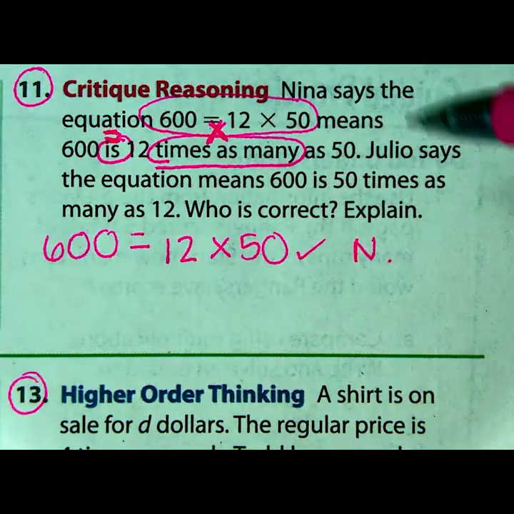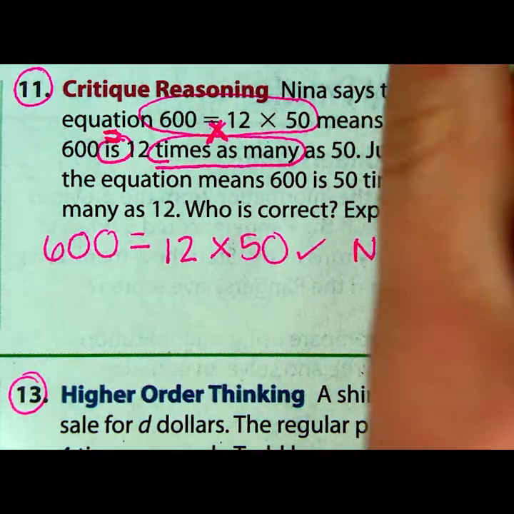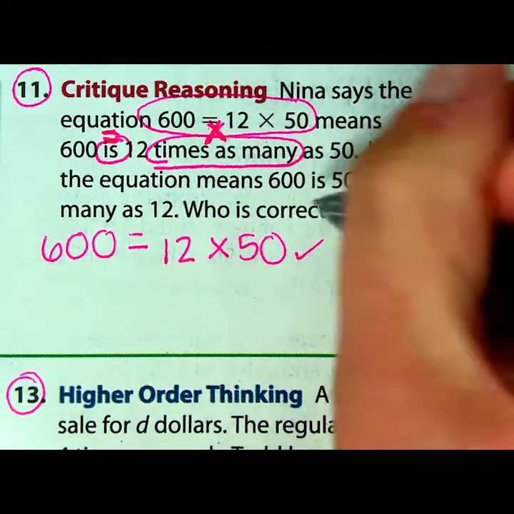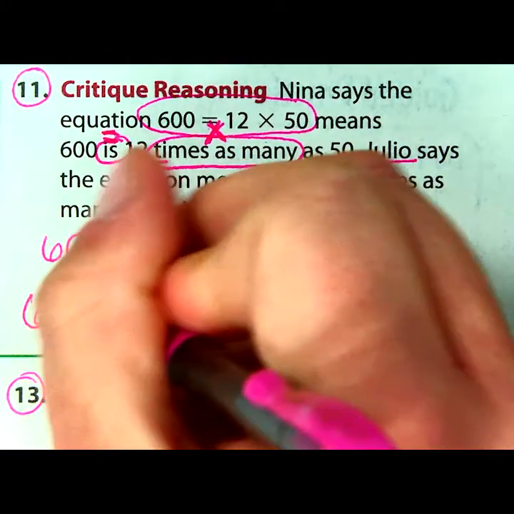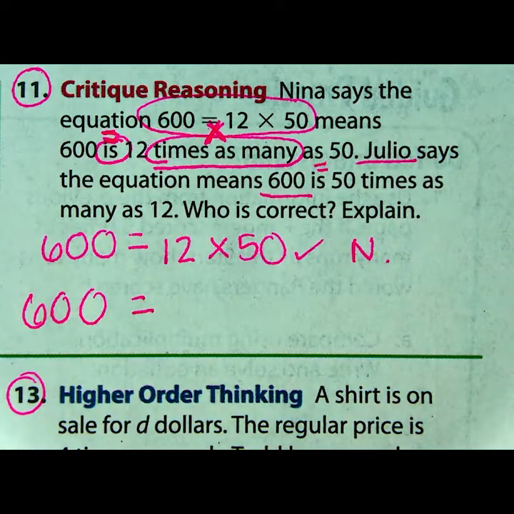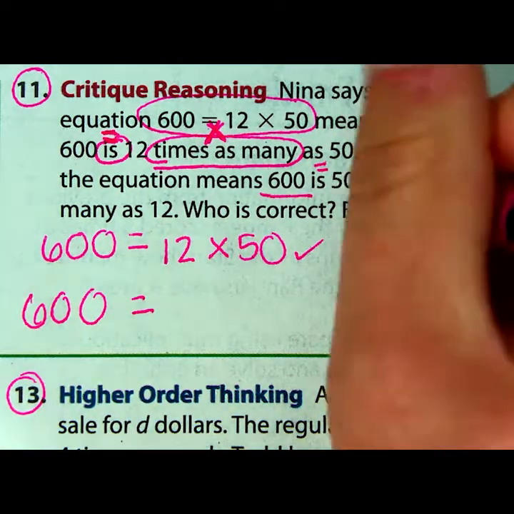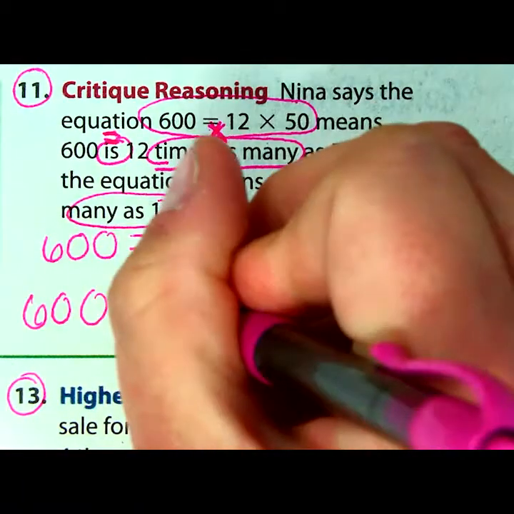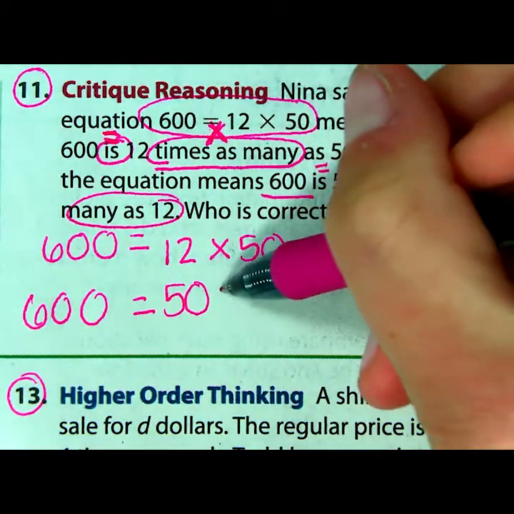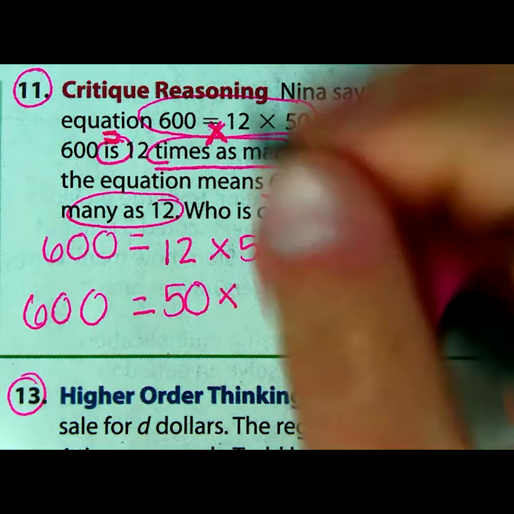So Nina is correct. Now let's look here. Julio. All right. What does Julio say? 600 is, there's that equal sign, 600 is 50 times as many as 12. So he's saying 50 times as many as 12. 50, remember the X says times as many as 12. So is this correct?